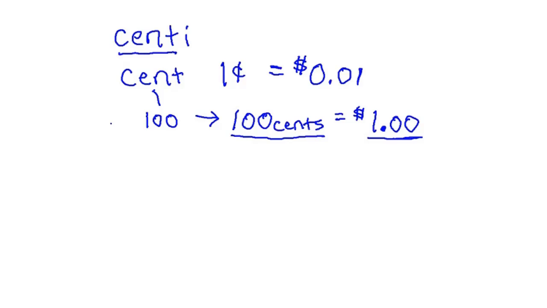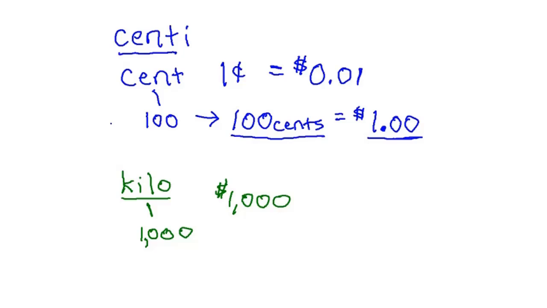Now, conversely, we have a larger prefix, and that's kilo. And kilo is big. Kilo means 1,000. If we had kilo dollars, that would be $1,000. Because kilo is big, there's going to be 1,000 of that something in a kilo.